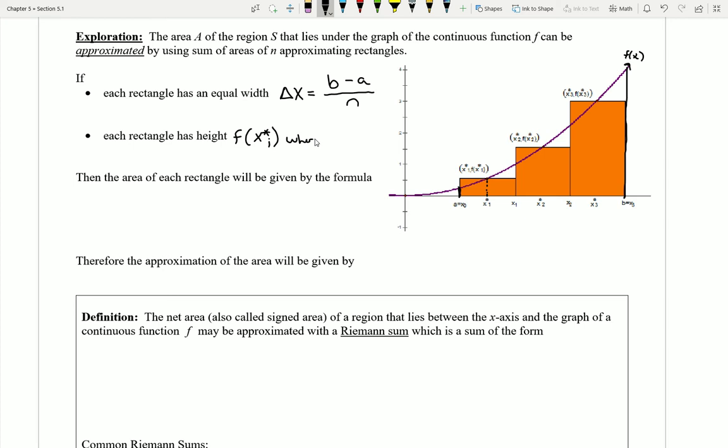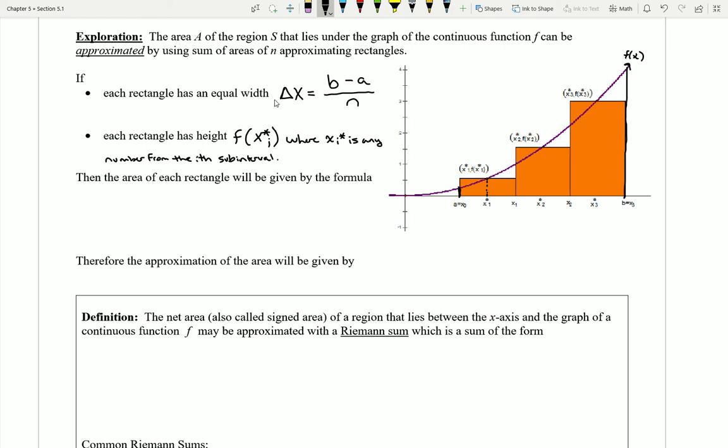So I'll say here, just to note that, x i star is any number from the ith subinterval. So it could be any number in there, left side, right side, middle, anywhere in between, it doesn't really matter.